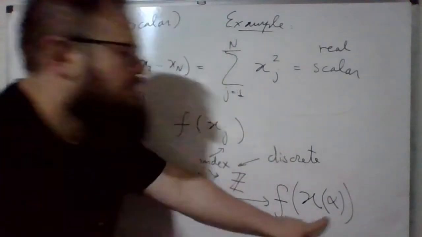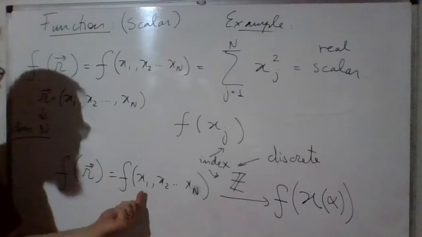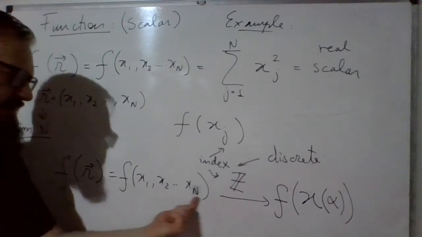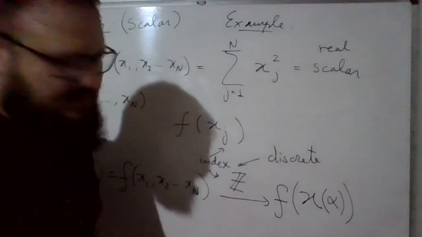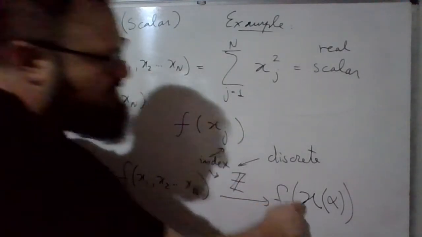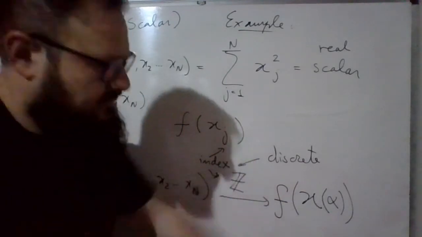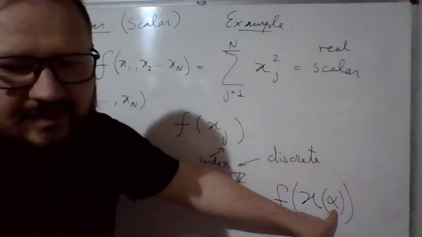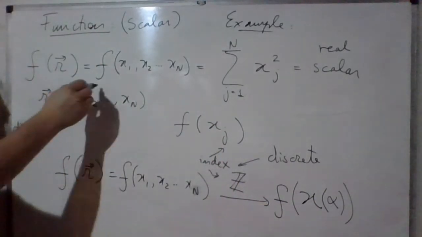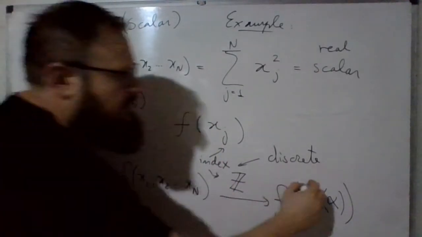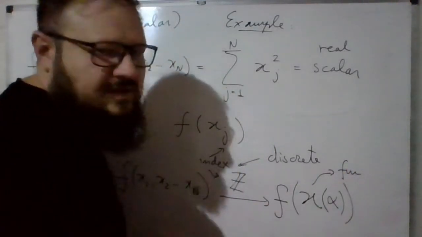Okay, so you're replacing a set of numbers indexed by a discrete index and converting it to a continuous index, which makes this x here, which corresponds to this vector, into a function. So this is a function of another function, okay?